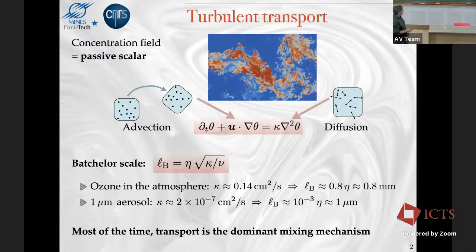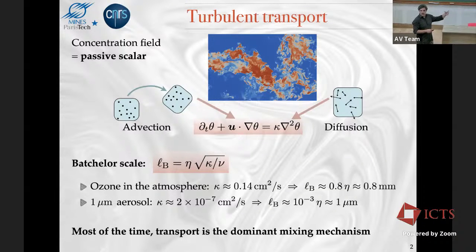So what I was saying is that in the atmosphere, the typical Kolmogorov scale is of the order of 1 centimeter, in turbulent air. Then you look at the diffusion of ozone, for instance. Ozone is quite important because you need models for the diffusion of ozone in order to monitor pollution.